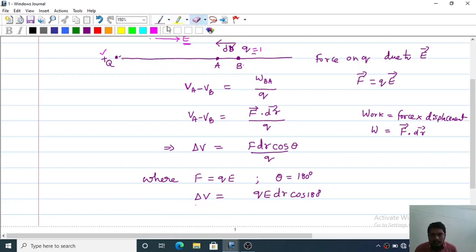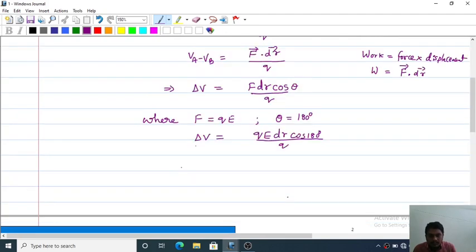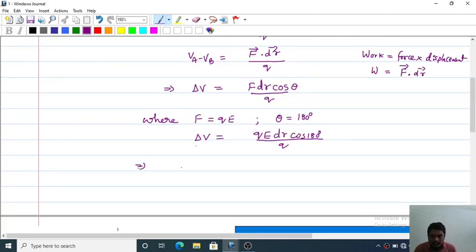So delta V, the potential difference, equals Q E dr cos 180. The Q cancels, and cos 180 is minus 1, so delta V equals minus E dr.